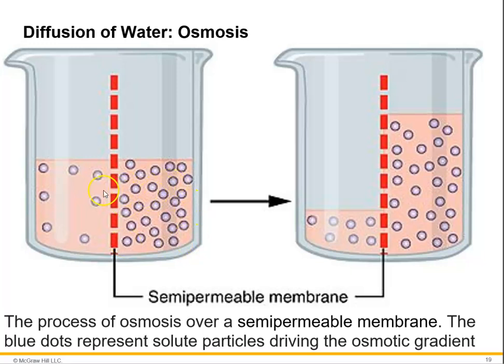So what's going to happen is water is going to move from areas of high water concentration, so a lot of water, to areas of low water concentration. Another way to think about this is that water is going to move from areas of low solute concentration to areas of high solute concentration until the solutions on both sides of the membrane are equal.